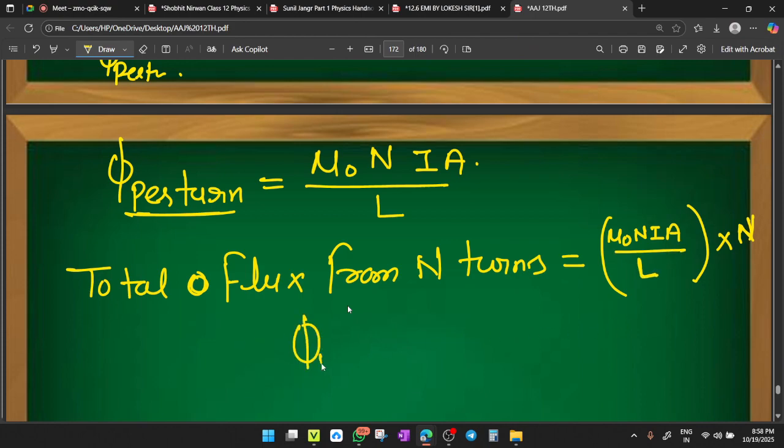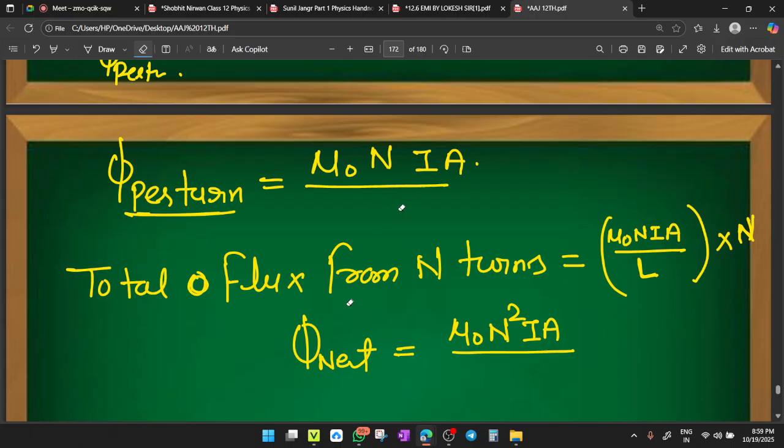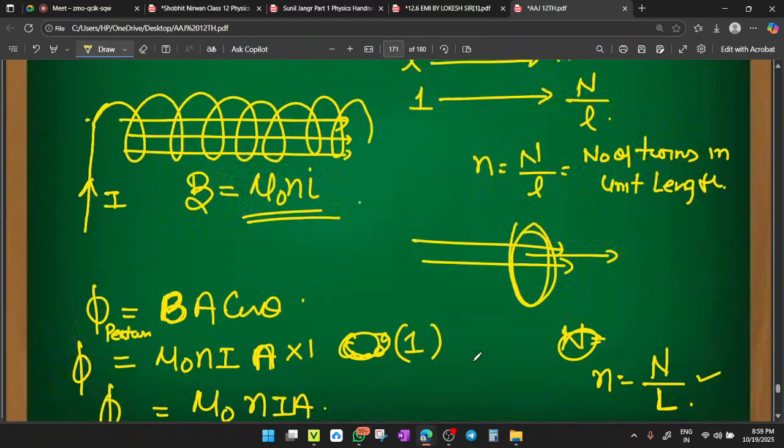So net flux, phi net total flux, equals mu naught N square I a upon L. L should be small because the length of the conductor is taken as a small l.